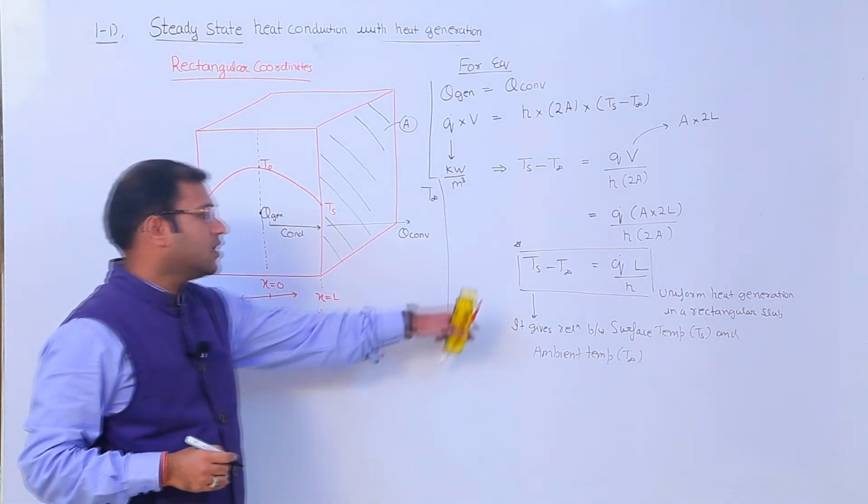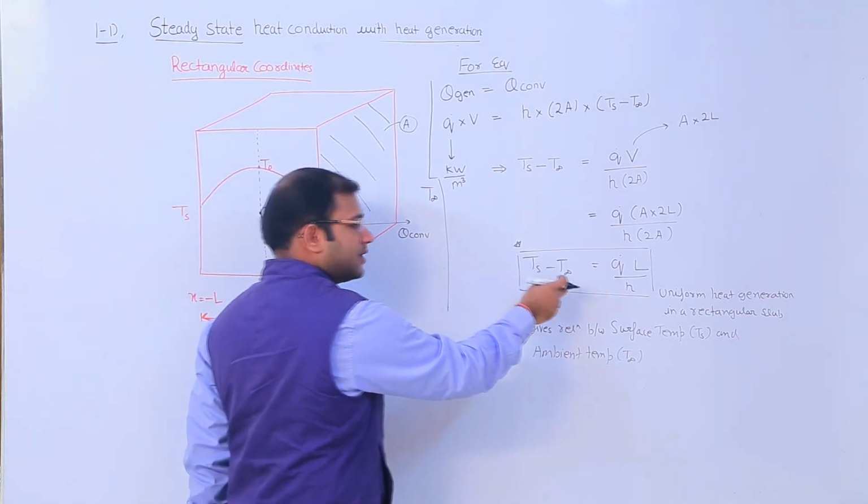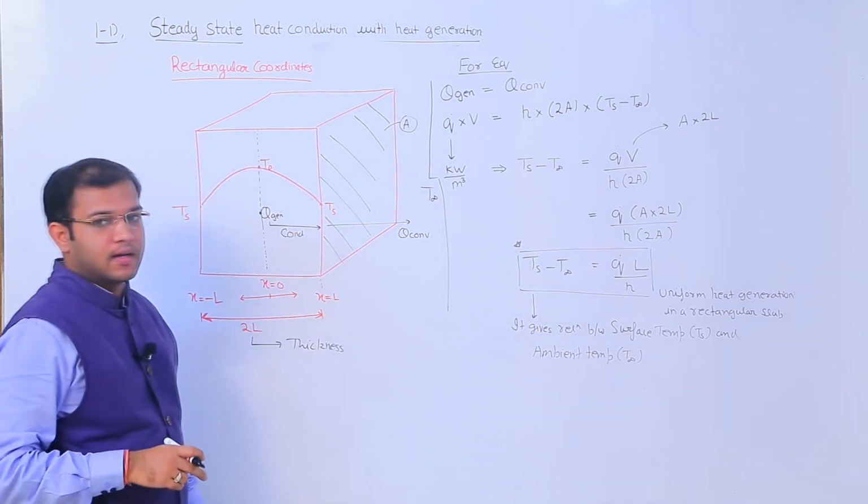Fine. So, this relation is useful to find the relationship between surface temperature and ambient air temperature.